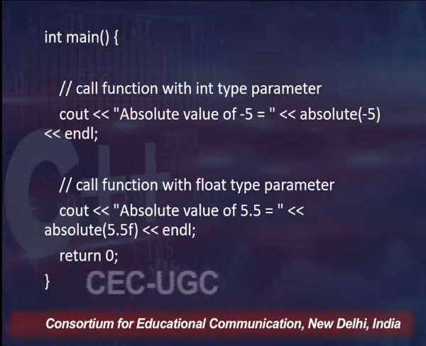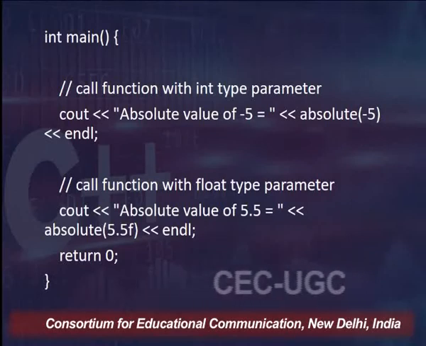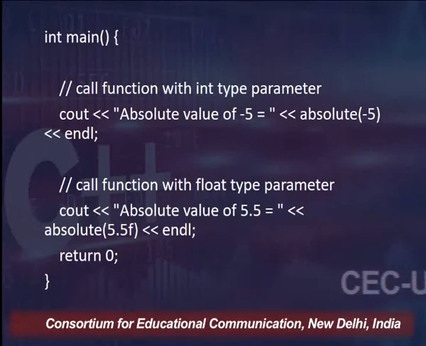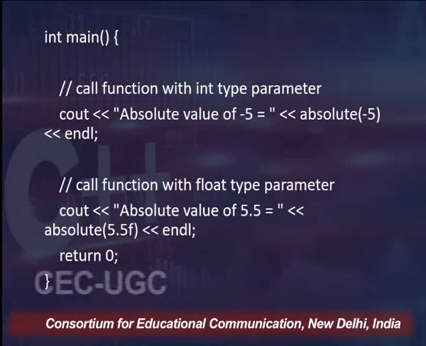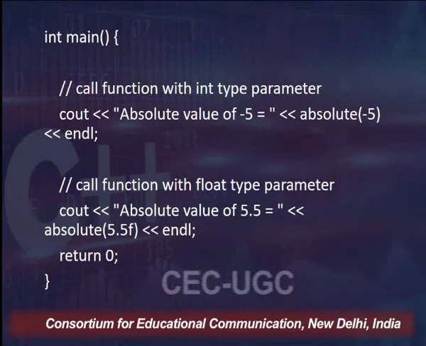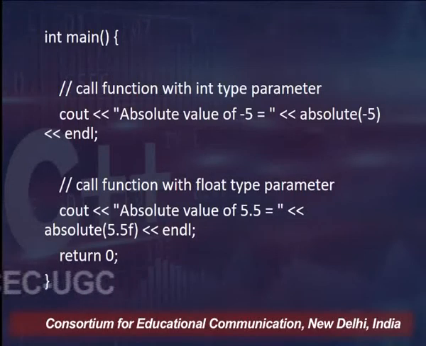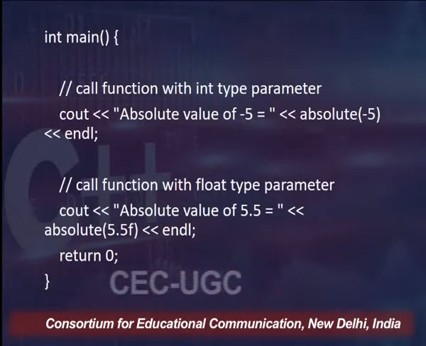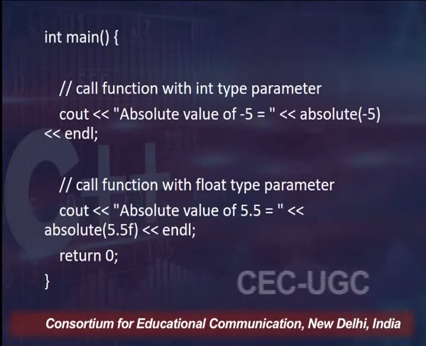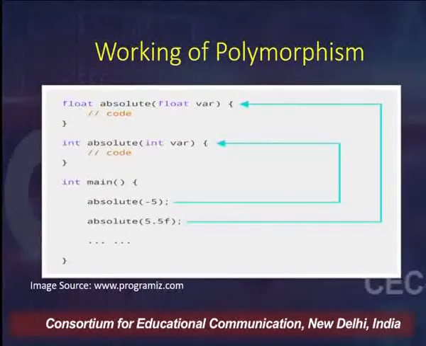Now the second call is absolute 5.5f. That means this statement is going to call the function absolute which has the parameter as a float value. So how is this actually achieved? Let us try to understand the working of polymorphism.